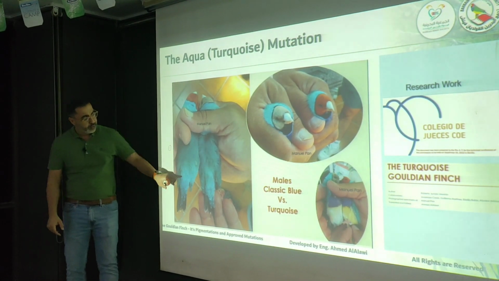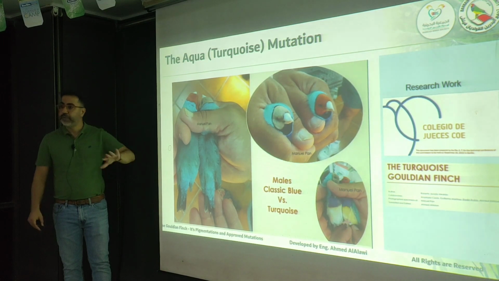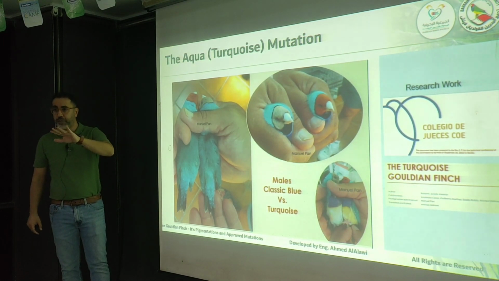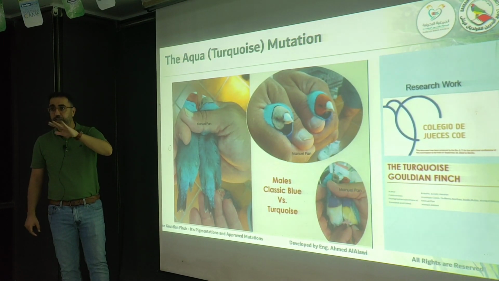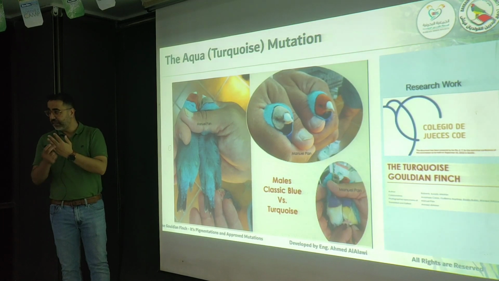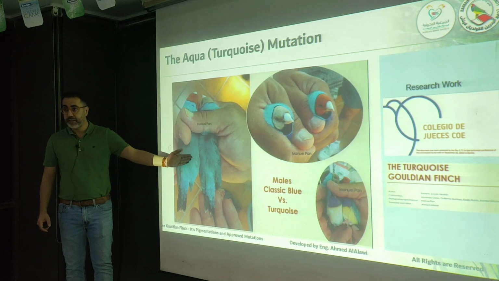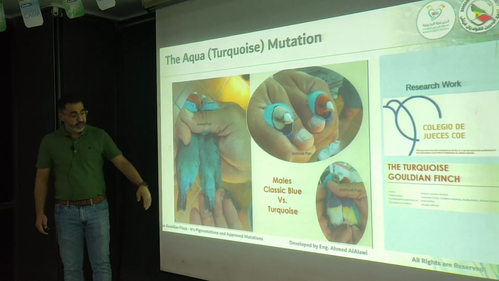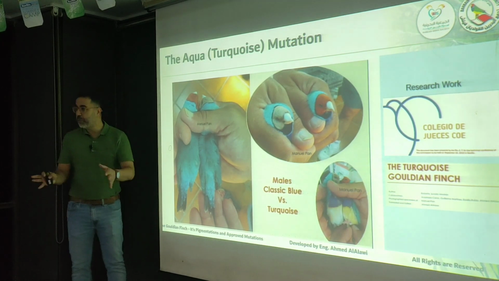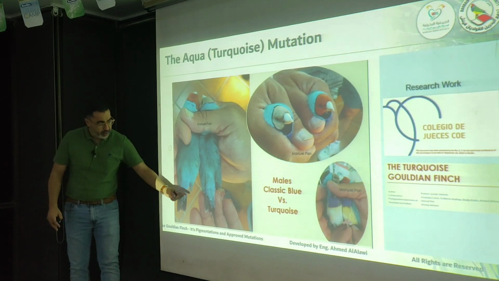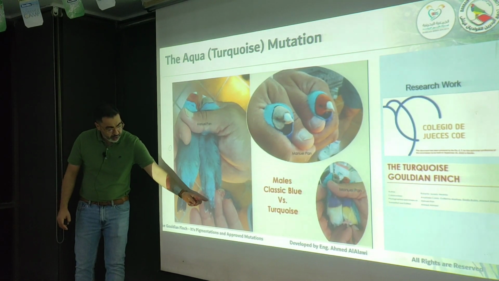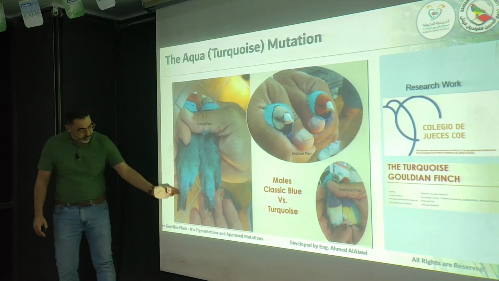Blue. Greenish blue. Turquoise. You know Fairuza? The ring Fairuza? Markings, not much different. It's the same. You have the aqua, you have the white, you have the black, same.